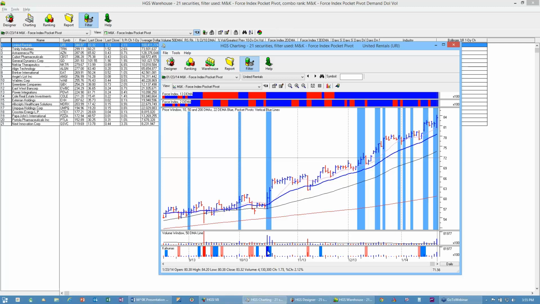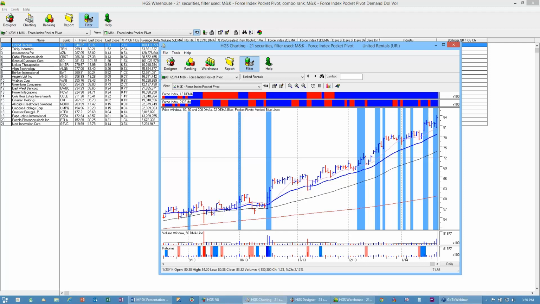So big move in Bollinger Bands down here. The pocket pivots are in effect, and both force indexes are firing. So when you get multiple signals like this, it gives you more confidence to take a trade, especially when these stocks are coming out of a consolidation area like this. I mean, back and forth.